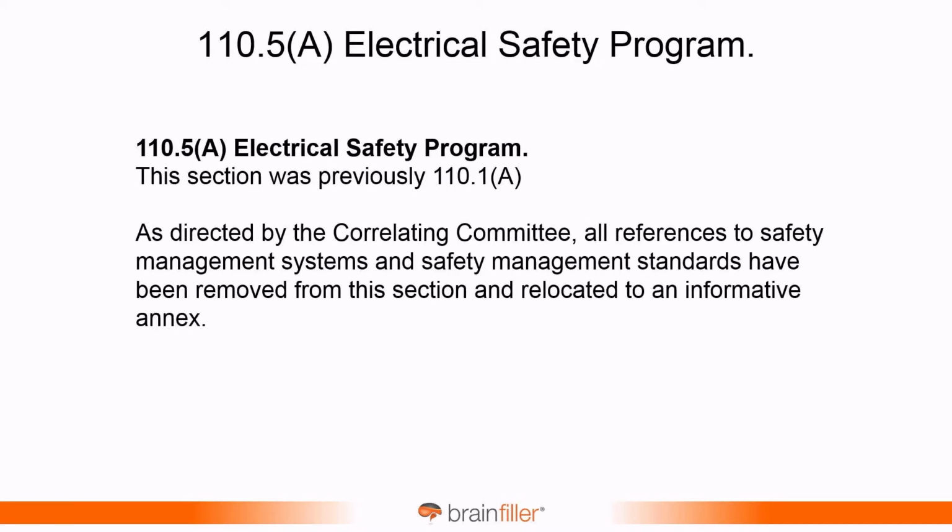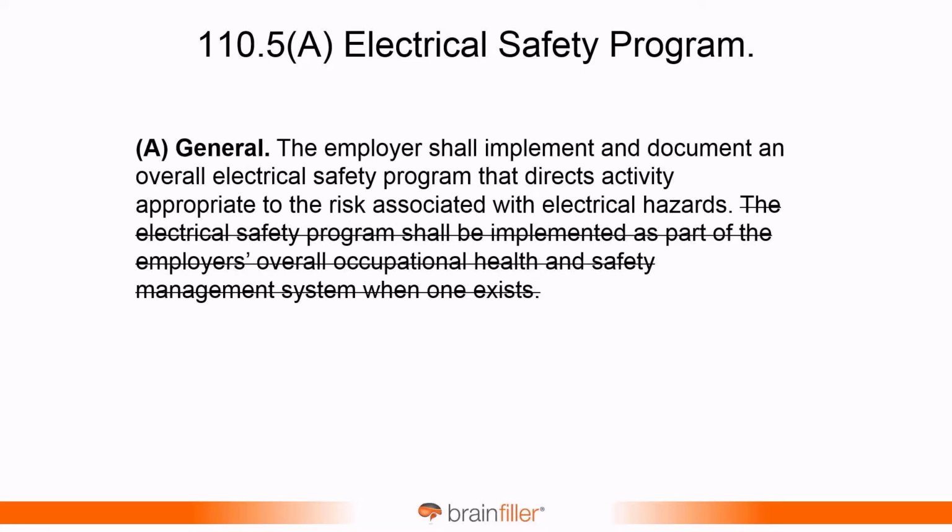The electrical safety program. The correlating committee required that references to safety management systems and safety management standards be removed, and they're relocated to an annex. And so in 110.5(A), this text was struck out because it's referencing the Occupational Health and Safety Management System.